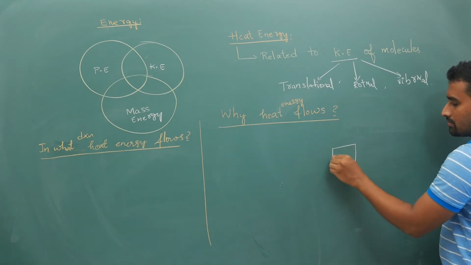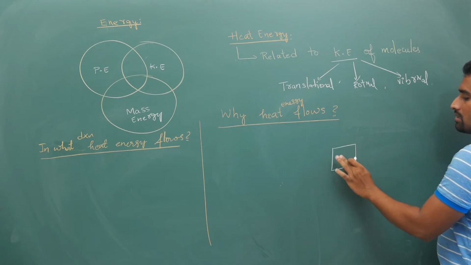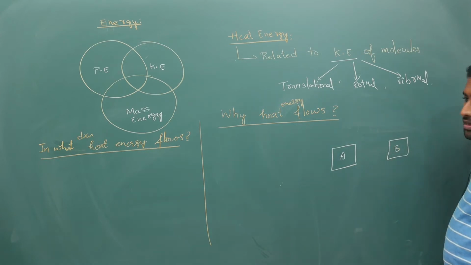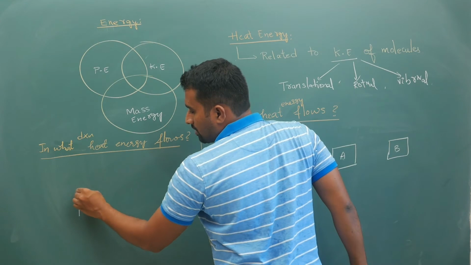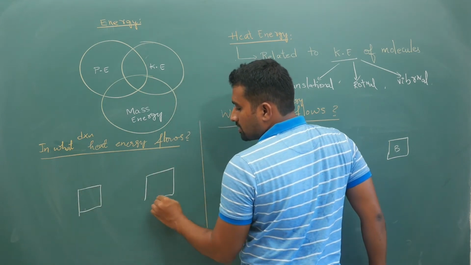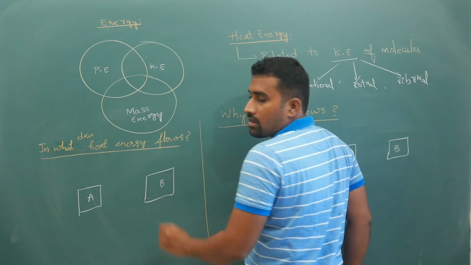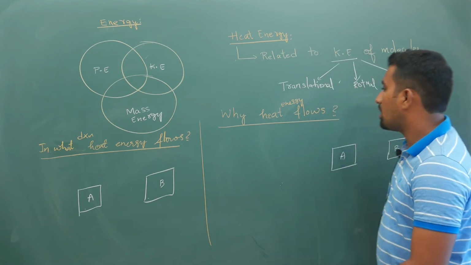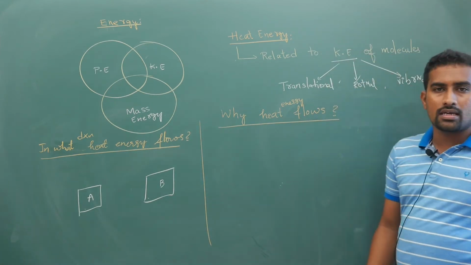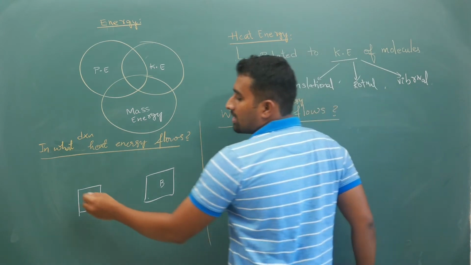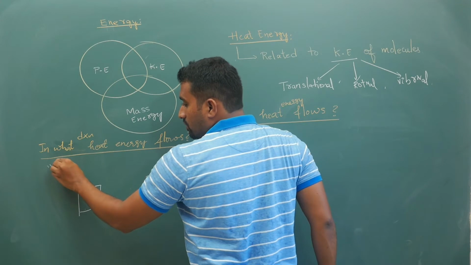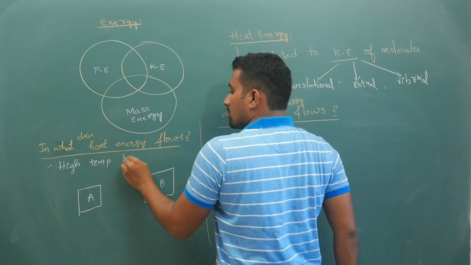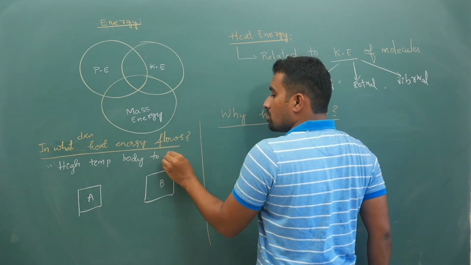For example, if you have a body A and another body B like this, in which direction does heat energy flow? My ultimate answer is that heat flows from a high temperature body to a cold body.